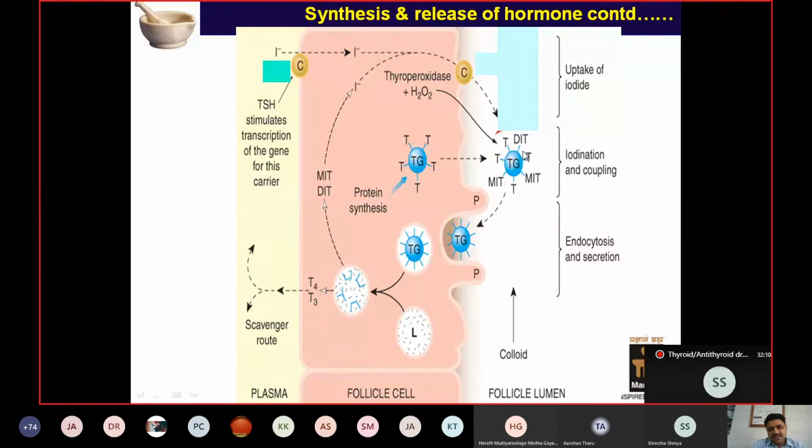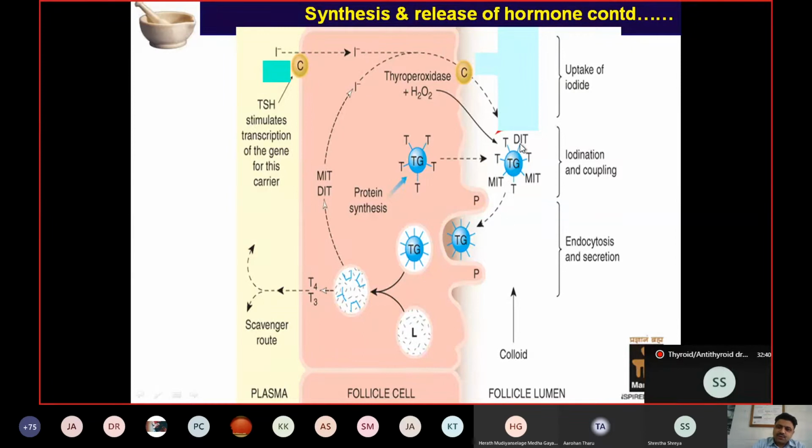And when these are formed, di means two and mono means one molecule. If these two combine, what happens? 2 and 1, 3. So T3 is formed. This combination happens on the thyroglobulin only; thyroglobulin facilitates this process.